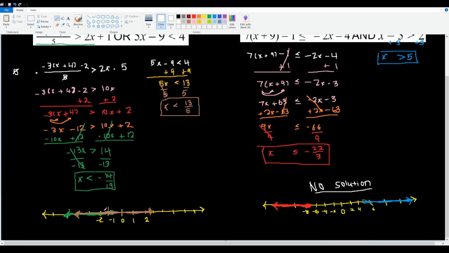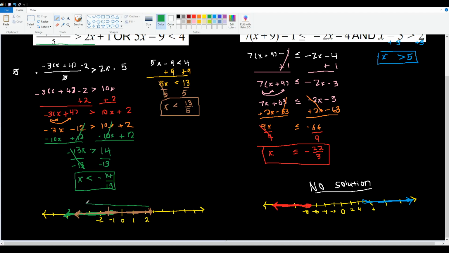The final answer for the or inequality, I don't think I said what it would be, but it could basically be any of these values you see here, in green.